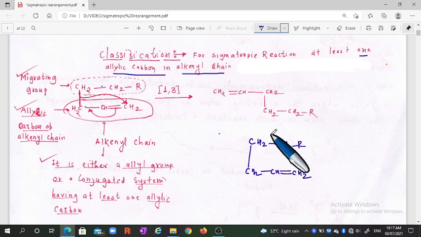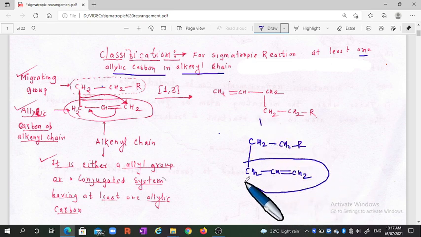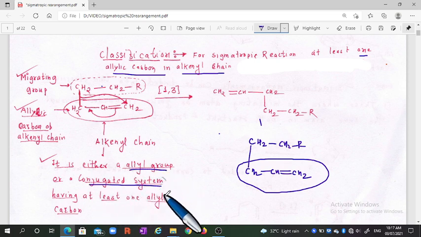In this case, this group is the alkenyl chain. It is either an allylic group or a conjugated diene. That group is the allylic one.